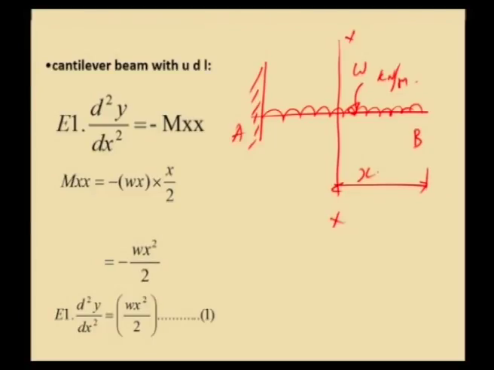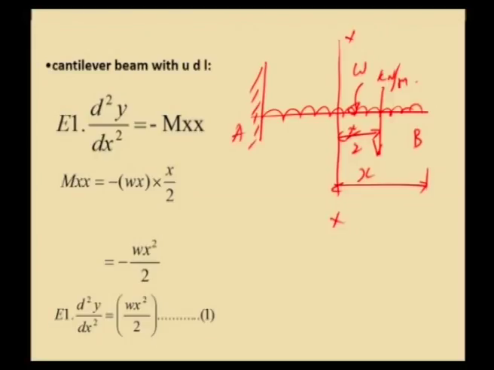If you take bending moment at x x, to the right side of the section we have a load of W into x, that is W kilonewton per meter, which acts over a length of x. So, W into x, and the load acts at a distance of x by 2 from the section.